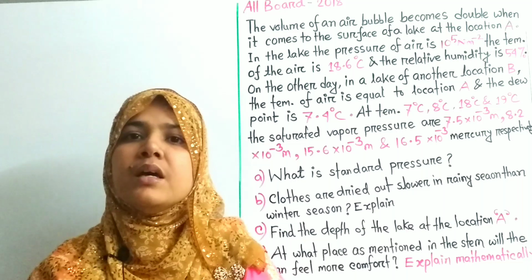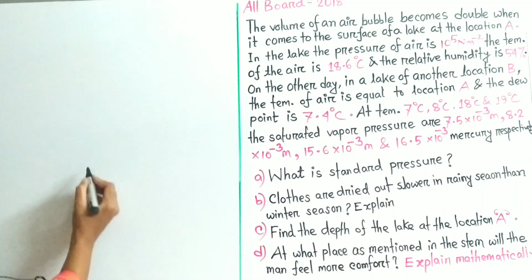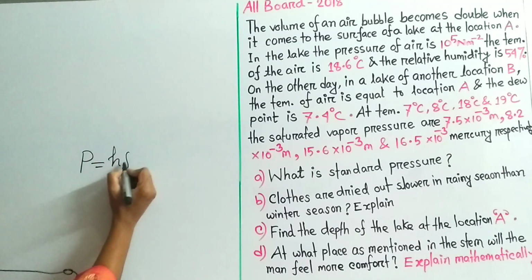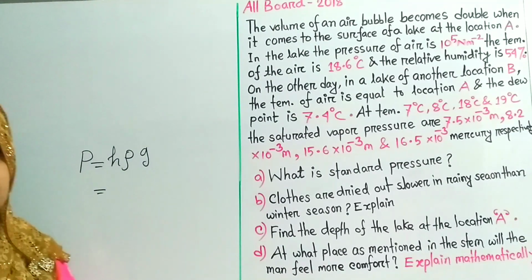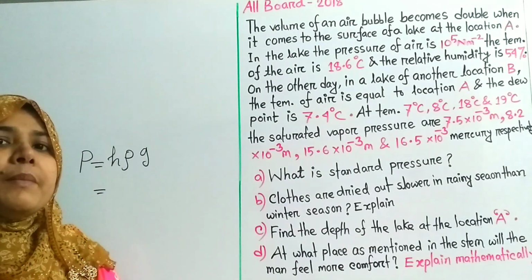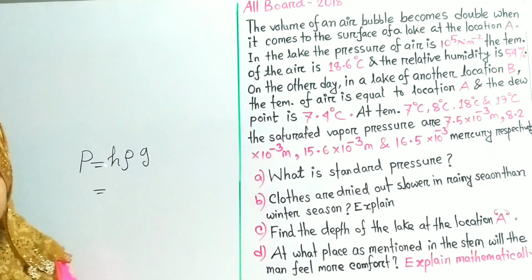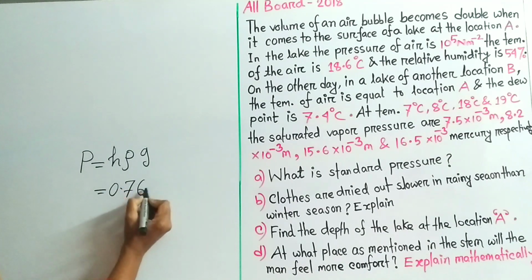You know that we can measure pressure from the formula P is equal to h rho g. So in standard pressure, the height of the mercury column is considered as 76 centimeter, or we can write it as 0.76 meter.